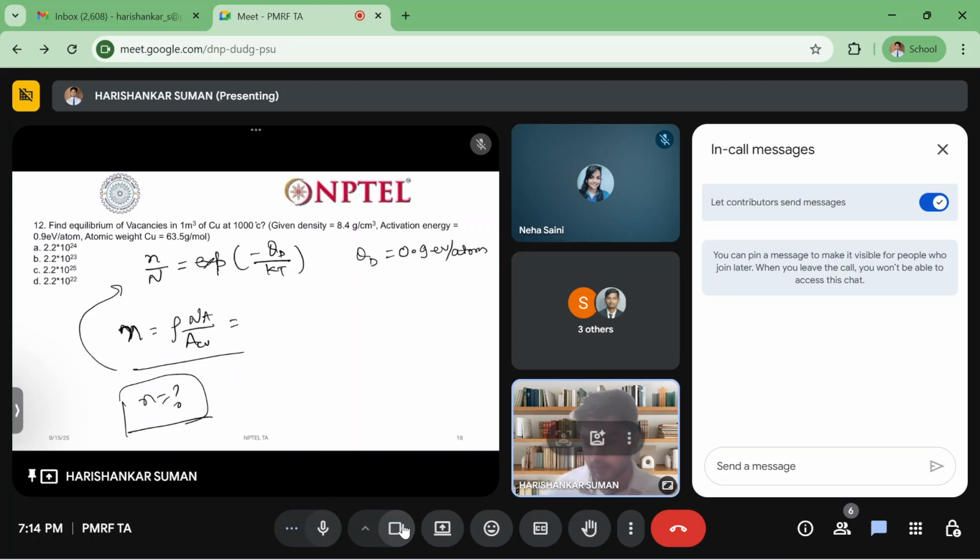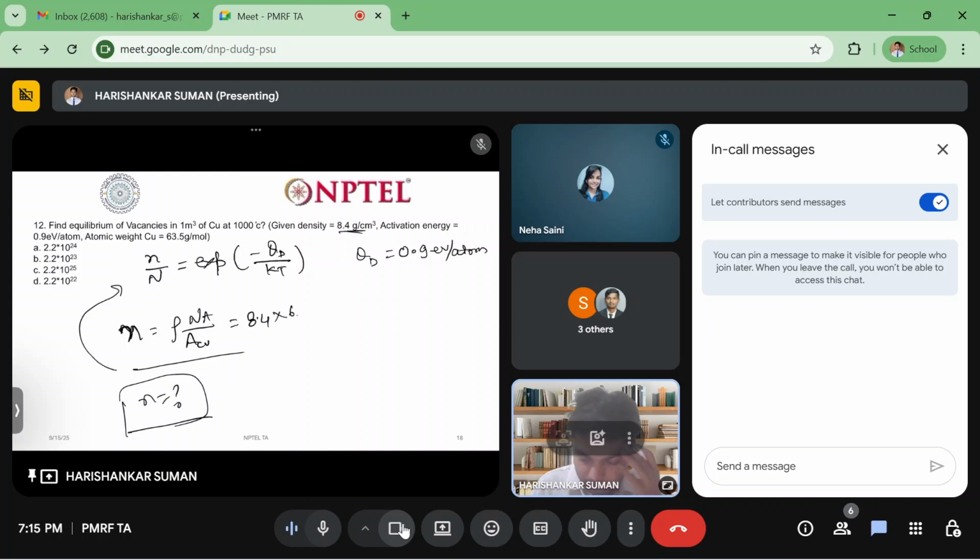Please answer. Did you get the answer? So density is already given in this question, which is 8.4 gram per centimeter cube.